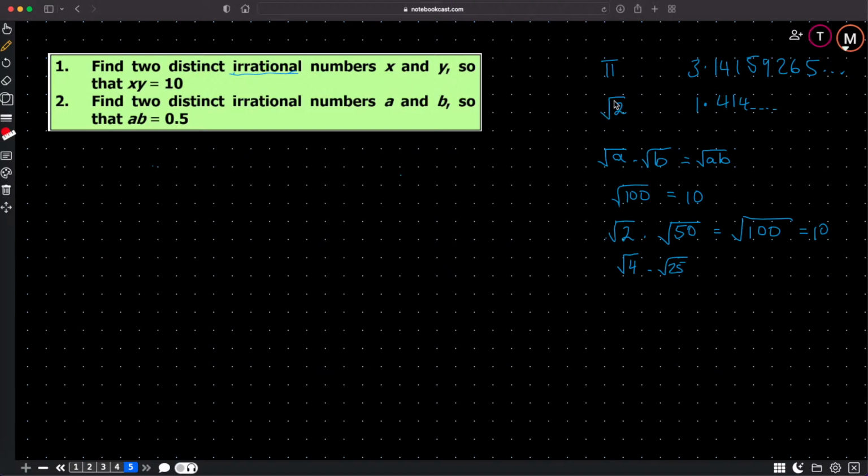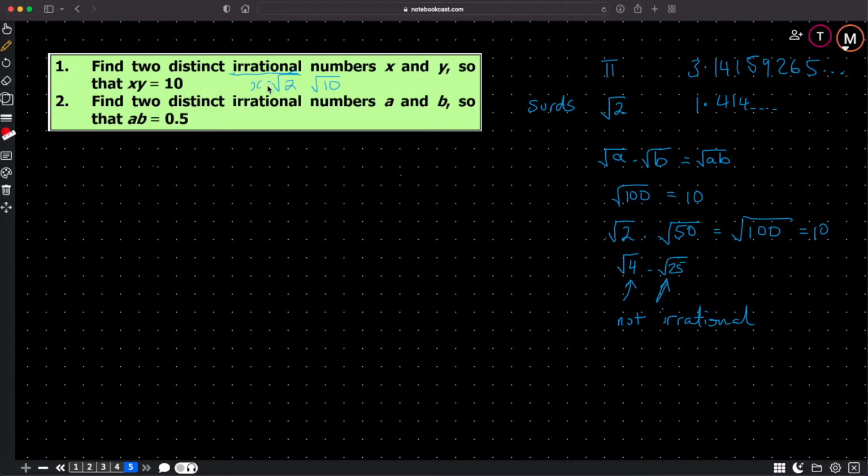Only the surds are irrational. These are numbers that you can't take the square root of, basically. So this one wouldn't actually work because these are not irrational. Okay, good try though. So we get one answer there, the square root of 2 times the square root of 50, which would satisfy that question.